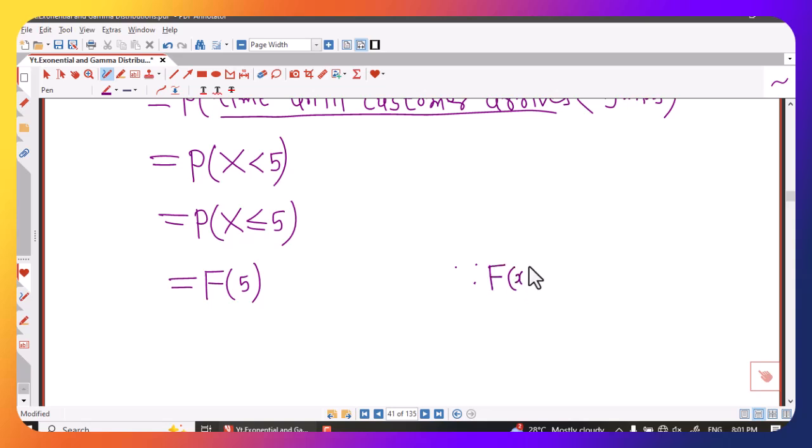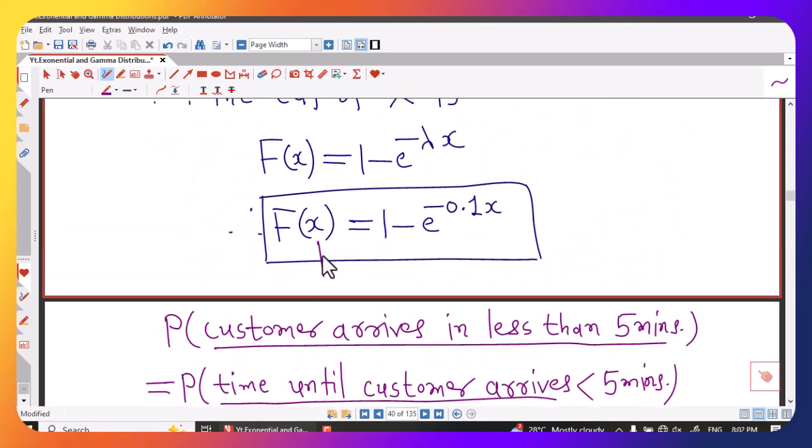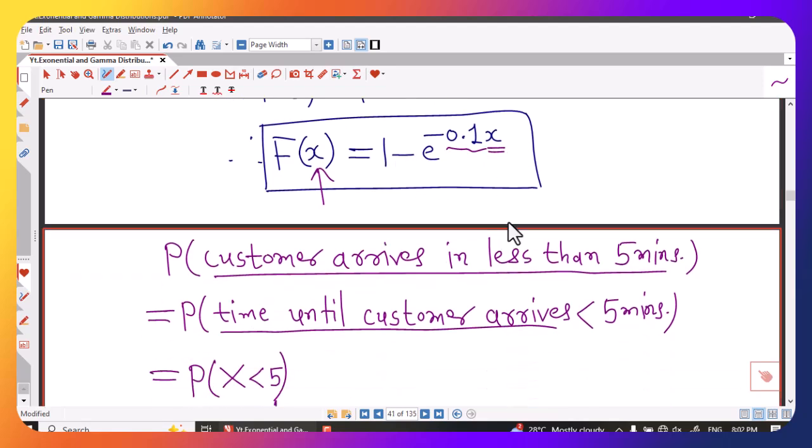Definition of CDF is F of x equal to probability that capital X is at most x. So here we are taking x equal to 5, so this is equal to F of 5, and we have Fx here, so here we put x equal to 5, and we will obtain 1 minus e raised to minus 0.1 into 5.